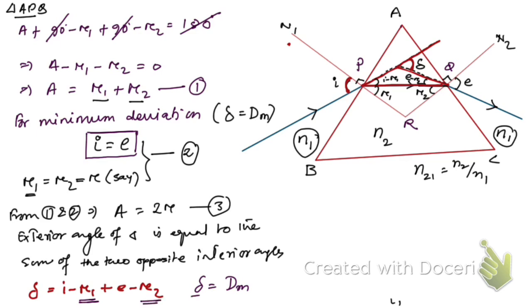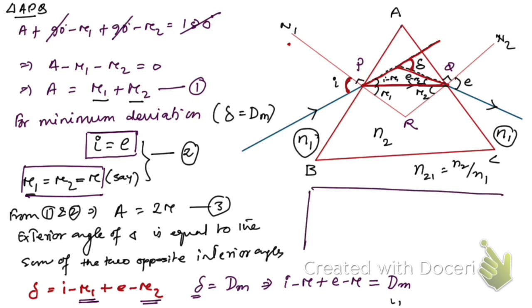So when delta is equal to dm, that means angle of minimum deviation, we can write I minus R plus E minus R is equal to dm, because in this case R1 and R2 are both equal to R. Now what we have got is I plus E minus 2R is equal to dm, right? That's what we have got.